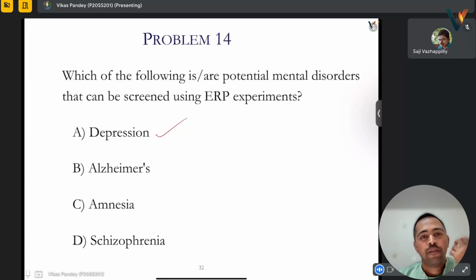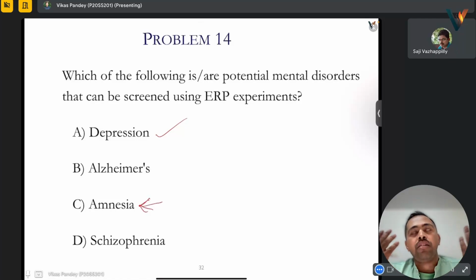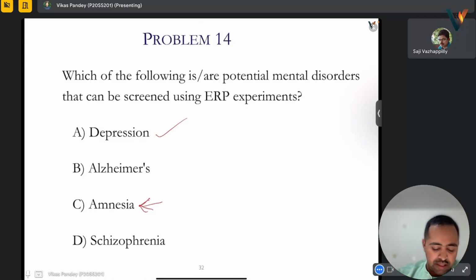Those are the indications of depression and excitation. Alzheimer's and schizophrenia can be understood. But amnesia, where people forget things over a period of time, is not discussed. But almost all of this can be seen, right?